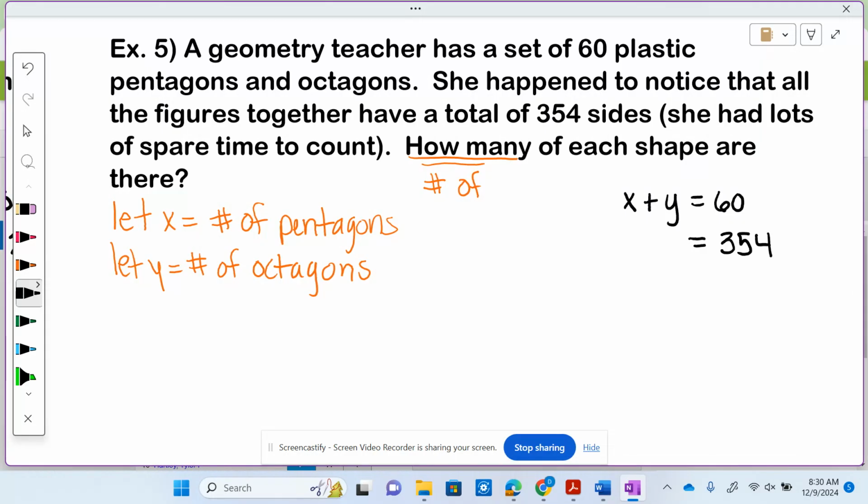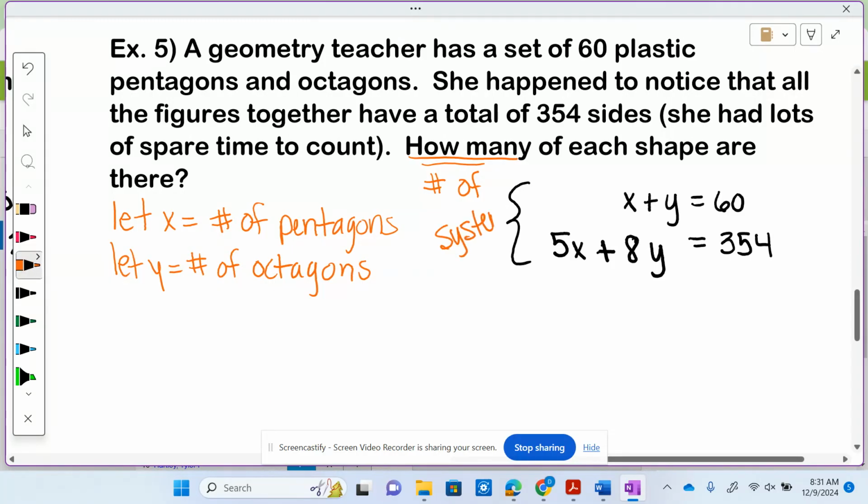A hexagon has 6. Pentagon has 5. So that's going to look like 5x, 5 sides per pentagon. Plus, how many sides does an octagon have? 8. 8y, 8 sides per octagon. So those are our equations for our system.